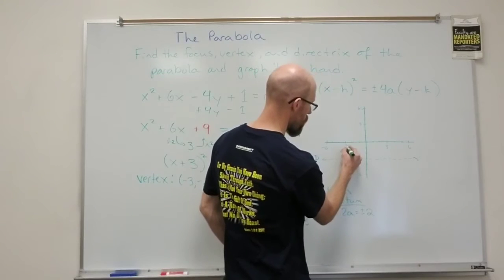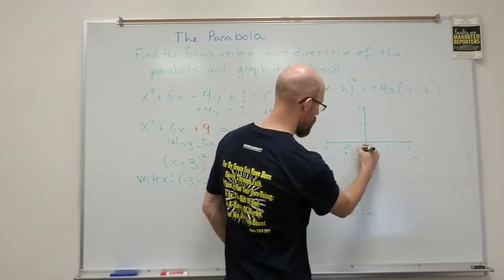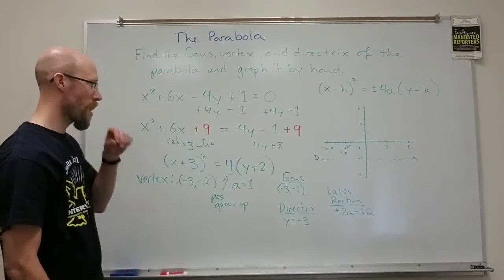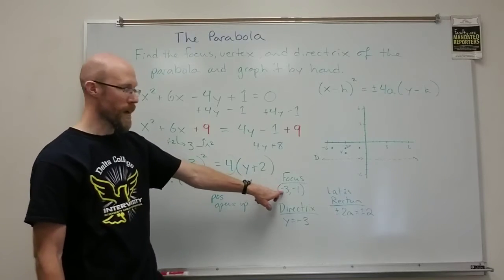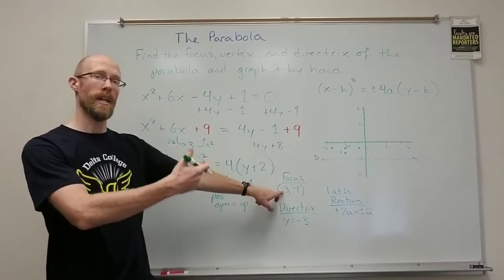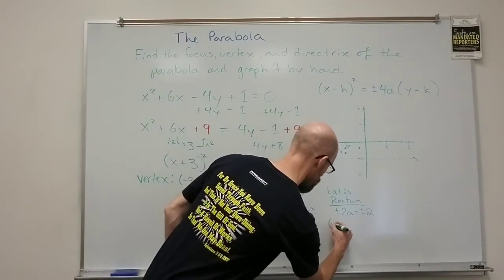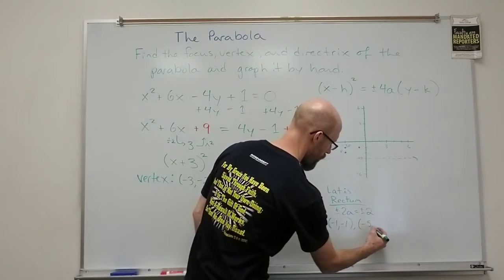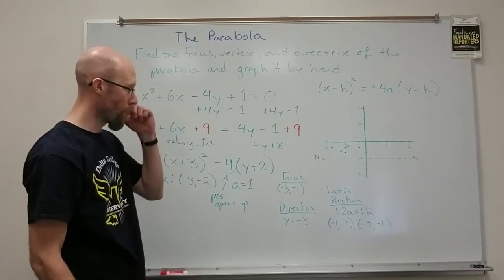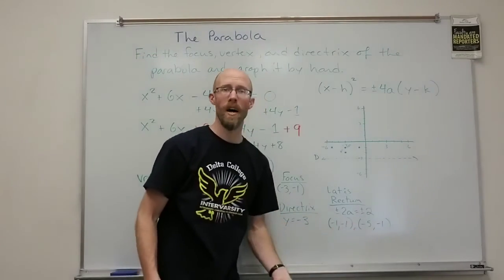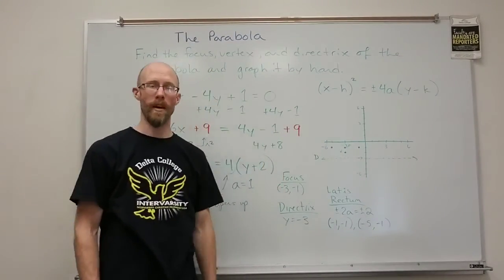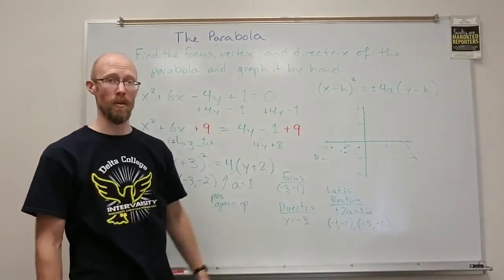From -3, I go over to the right 2 and over to the left 2. I could add or subtract 2 to the x value of the focus, and that would give me -1, -1, and -5, -1. Of course -1 to -5 is 4 units apart, which is 4 times 1, the total length of that latus rectum, and that's exactly what we're looking for.